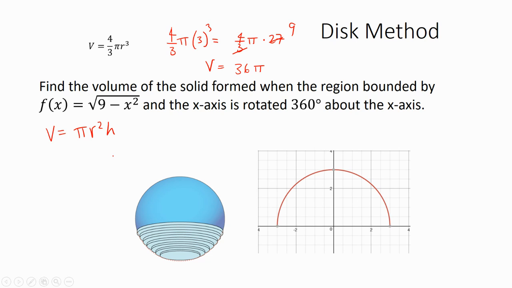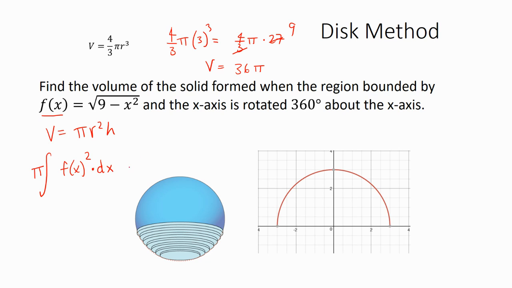So we can use calculus to find this volume by taking an integral. We put pi out in the front, and then r squared is actually going to be this function, so it's going to be f of x squared. And then the height is the dx part, the with respect to x part.